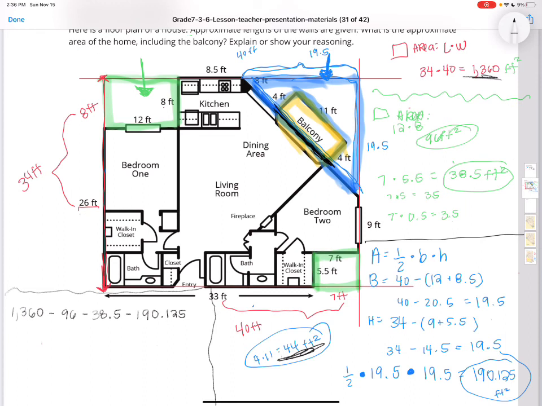When I do that, you guys can be working on this at home. If you beat me, you beat me.